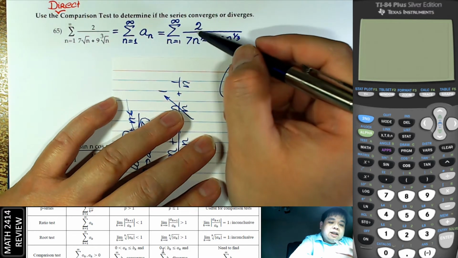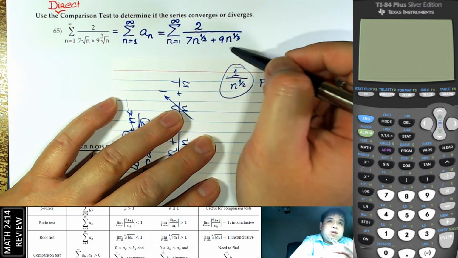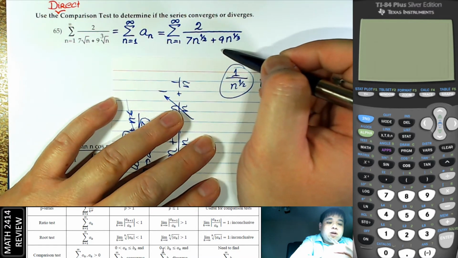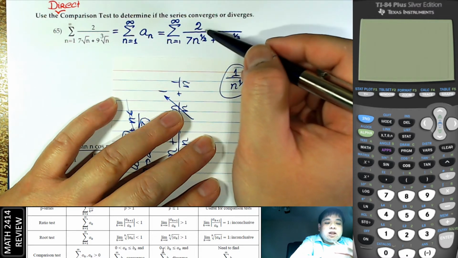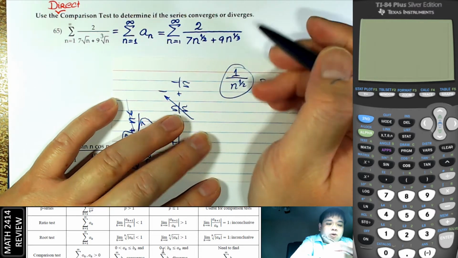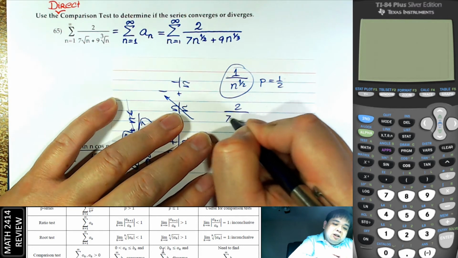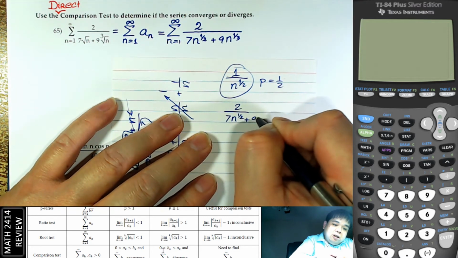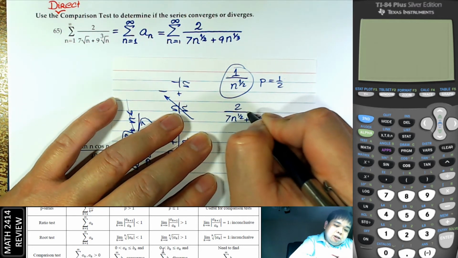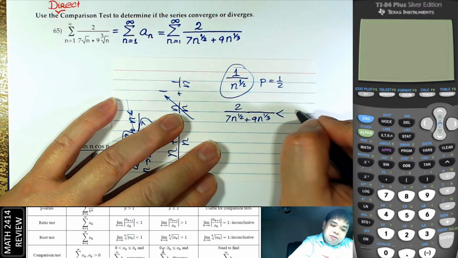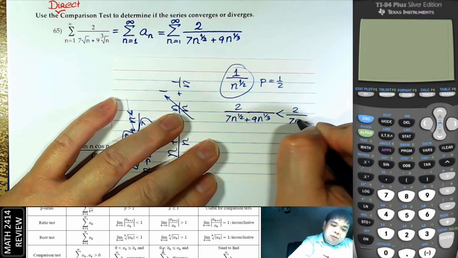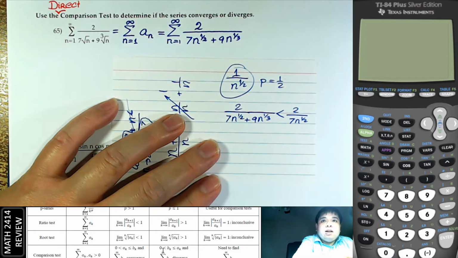Now, when we have something bigger at the bottom, that means the whole thing is less than that. So if we write like that, that doesn't work.